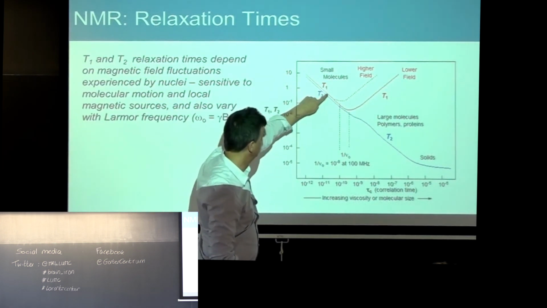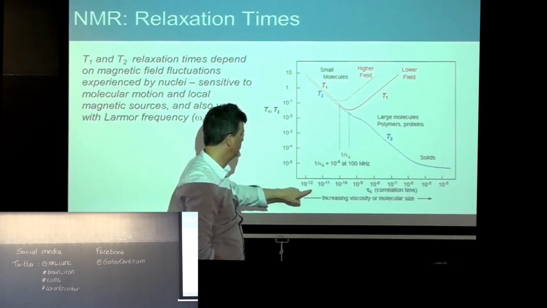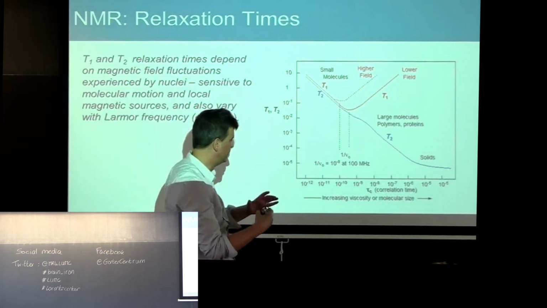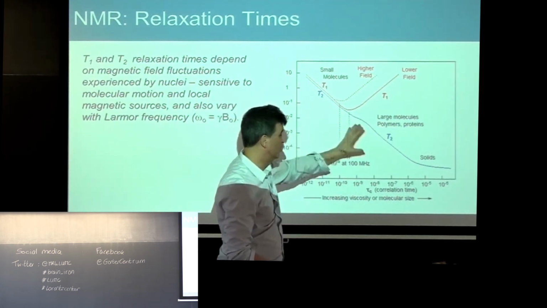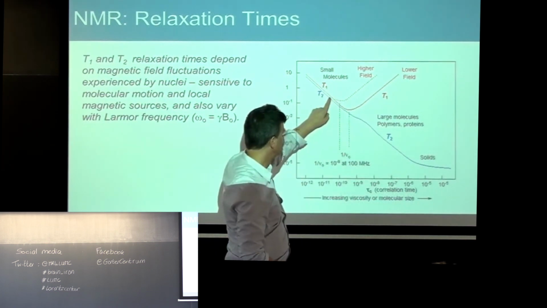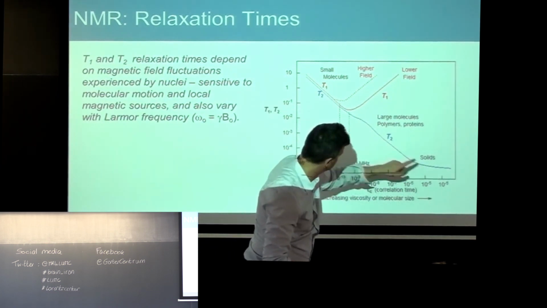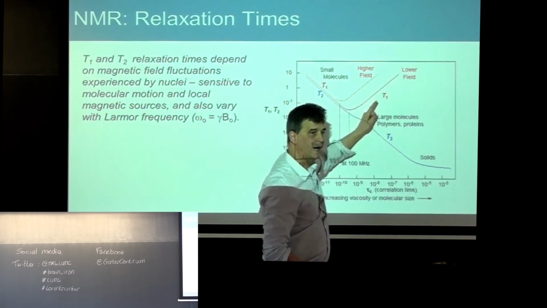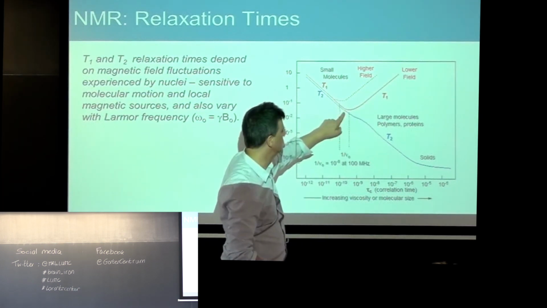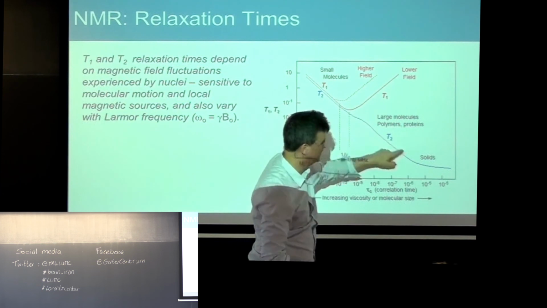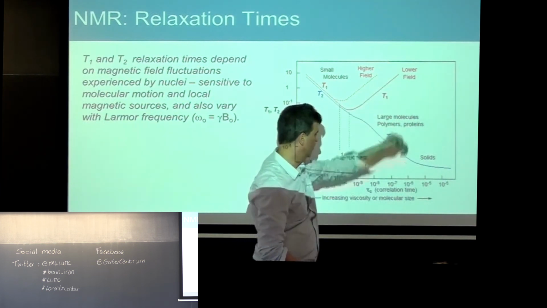So the two relaxation times actually show slightly different behaviour. They both get long as you go to very short correlation times, lots and lots of movement. But as you go towards more solid-like structures, T2 decreases and T1 starts going back up again. So there's a definite minimum of T1, but T2 in solids gets very short, while T1 gets long.